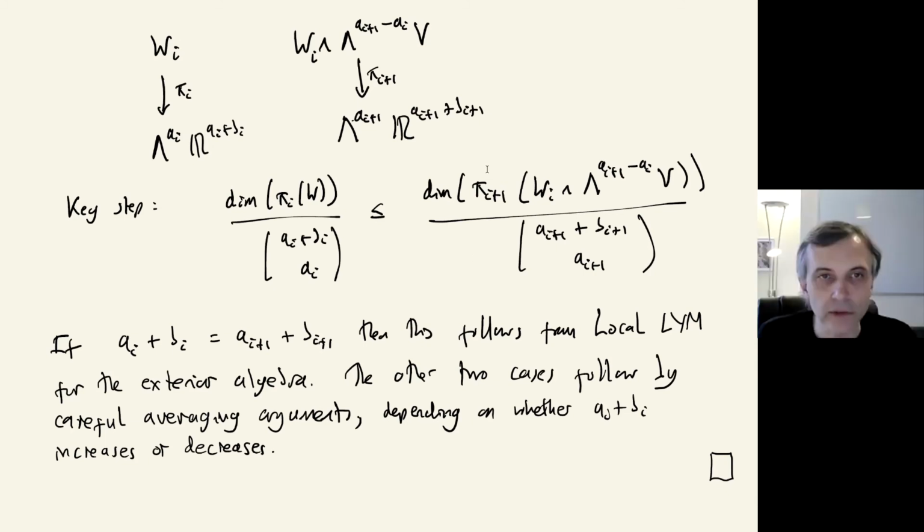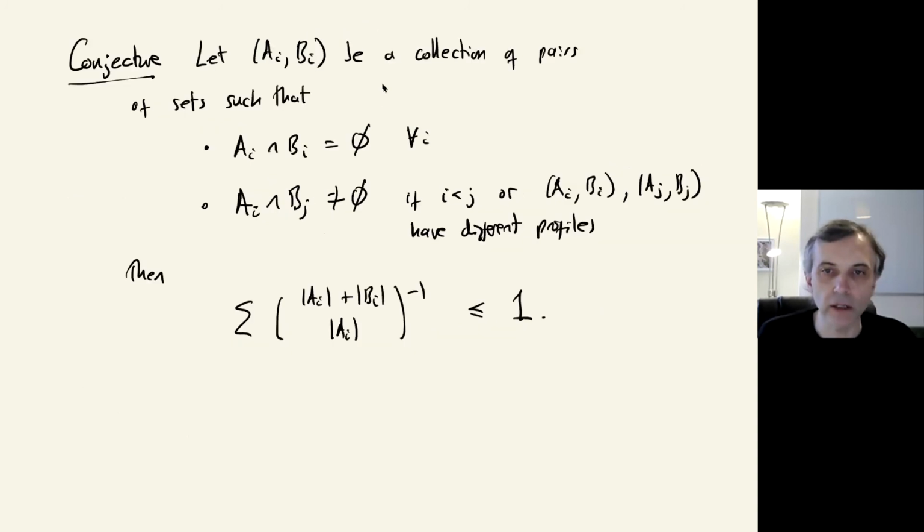Let me finish with one extension of putting together these two types of condition. What more could we hope for? You can play around quite a lot with different extensions, and this is the nicest one that we found. So we conjecture the following: take a collection of pairs of sets with the following two conditions. As usual, the pairs are disjoint, and there's the skew condition.